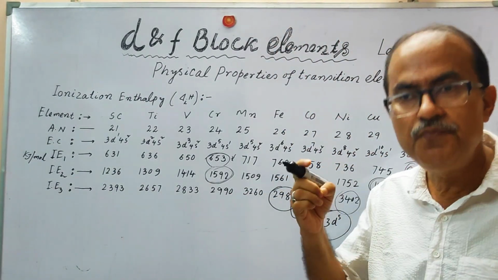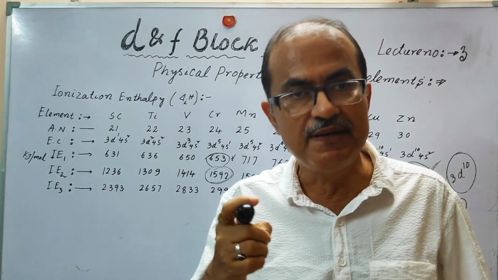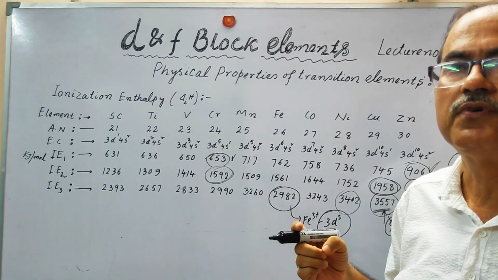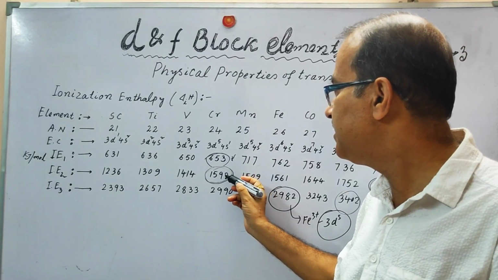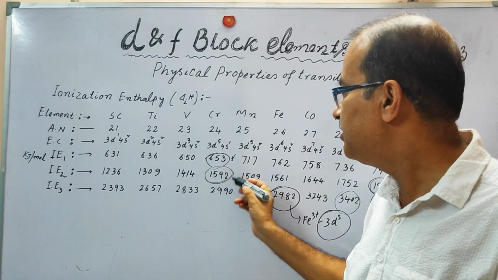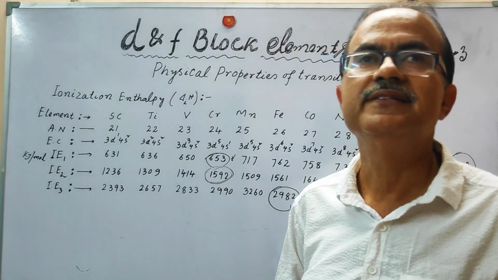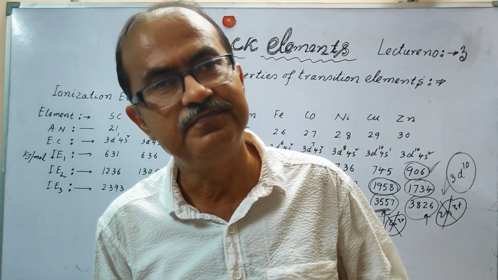Sometimes we want to remove these electrons from a stable state of affairs. Here you can see this stable state, and for this, chromium has the higher second ionization enthalpy.